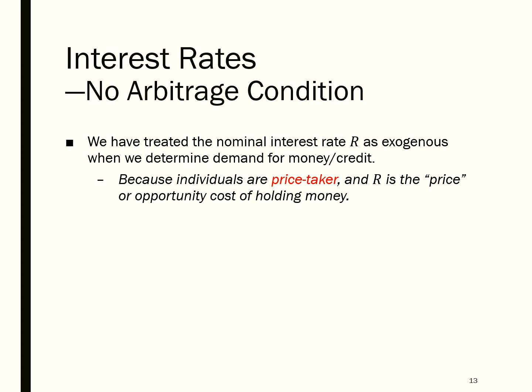So when we discuss the demand for money, we actually treat the price of money, that is the nominal interest rate, as given. This is the same for any other markets. When we discuss the real business cycle model, like in the labor market, the price of labor, which is the wage, is treated as exogenous to individuals. And when we discuss the credit market or capital market, the real interest rate is treated as exogenous to individuals.